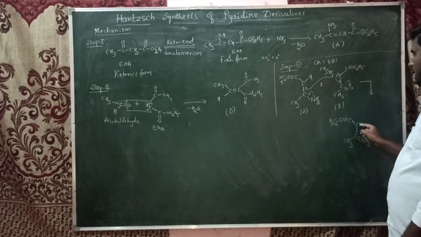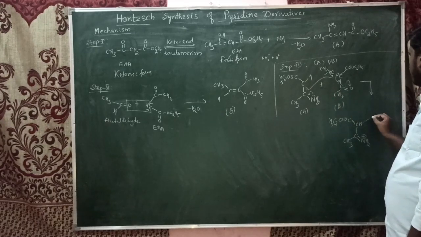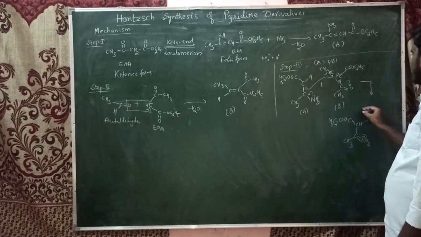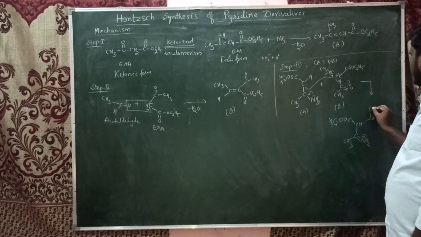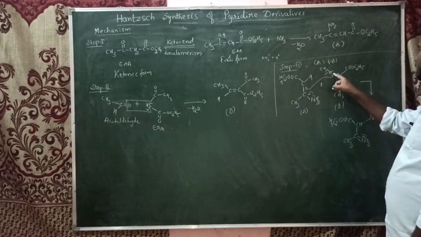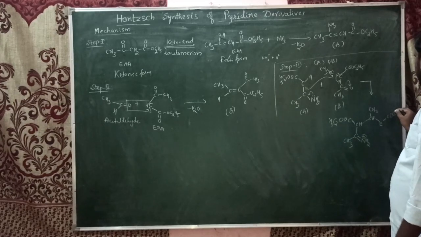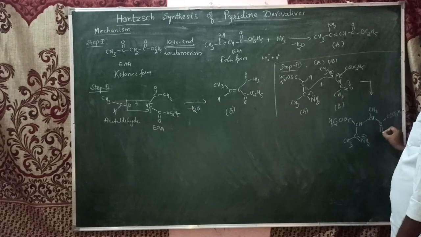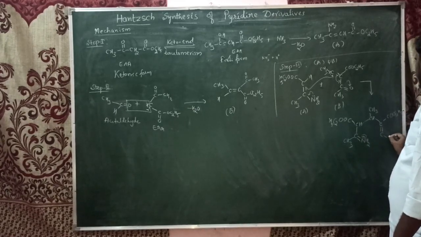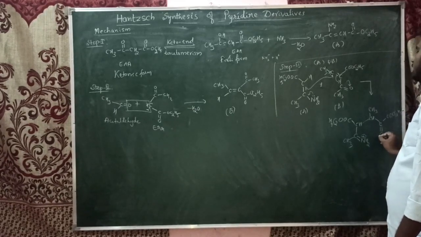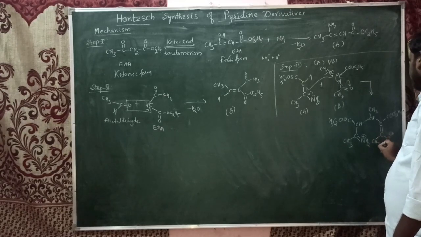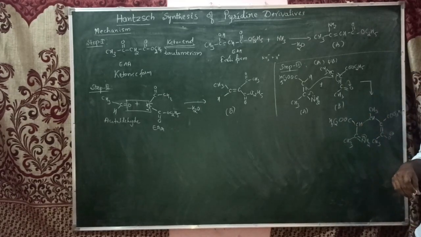This CH is attached to another CH that is linked with CH3. It is linked with a single bond to a carbon. Here is the ester group COOC2H5. Now it became a carbon-oxygen double bond with a minus charge, and CH3. This is what happened here.